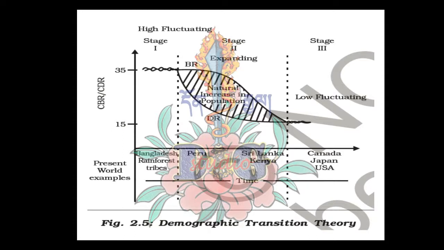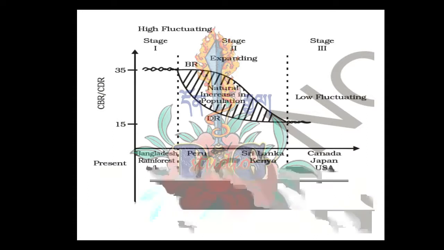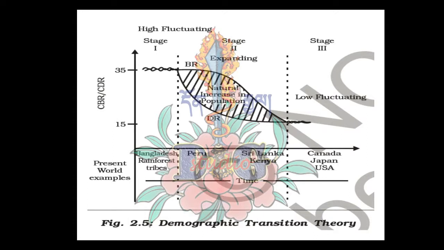That means countries such as African countries and Bangladesh are experiencing high birth rate and high death rate. Why? In these countries the level of socio-economic development is very poor. Low literacy rate, poor medical facilities, no food security, poor transport and communication system, no women's freedom.